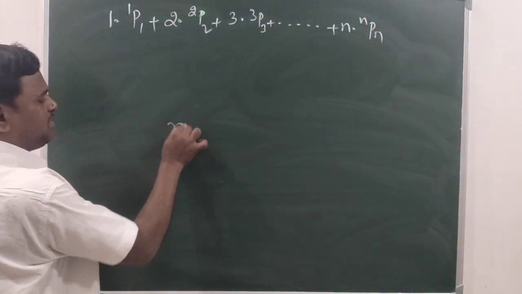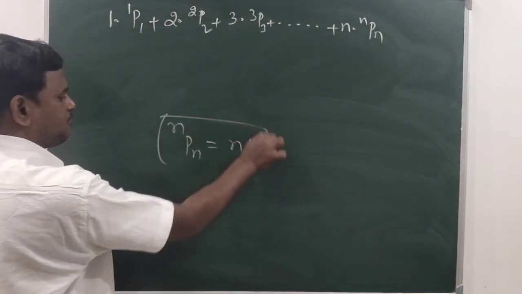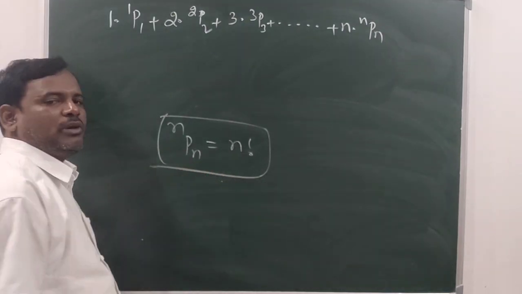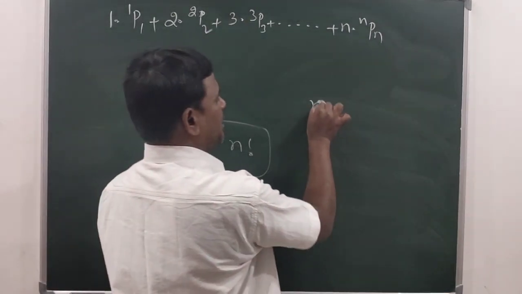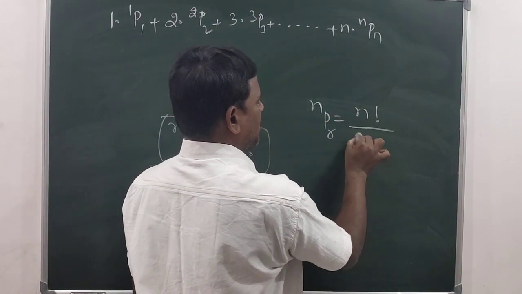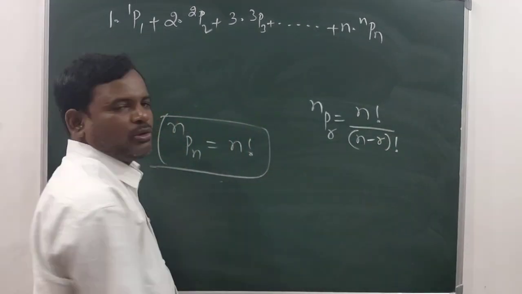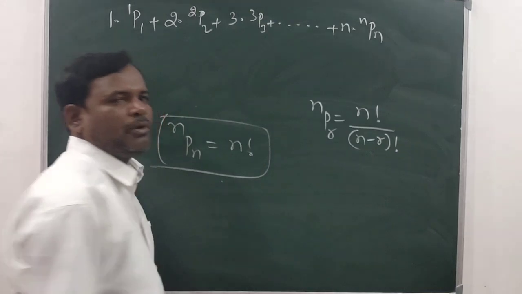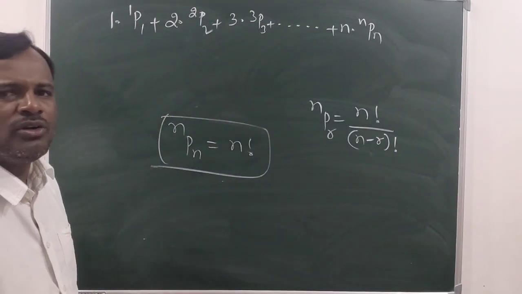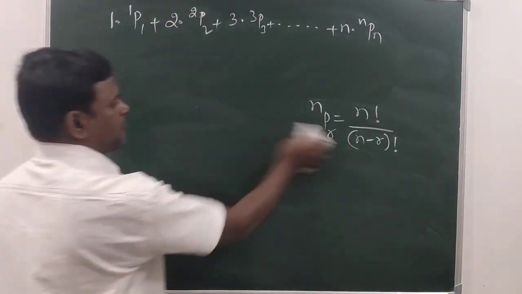Now, you know students, nPn is equal to n factorial. You know, nPr is equal to n factorial by n minus r factorial. If r is equal to n, now the denominator becomes 0 factorial. 0 factorial is equivalent to 1. So this result will be n factorial.